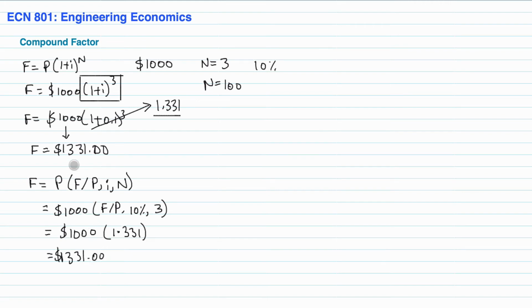So that's what compound factors are for future worth. For present worth, P is equal to F times (1 plus i) to the power of negative n, right? Or F over (1 plus i) to the power of n. It's the same thing.